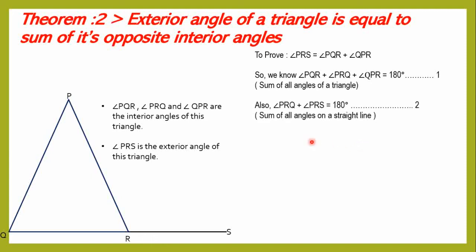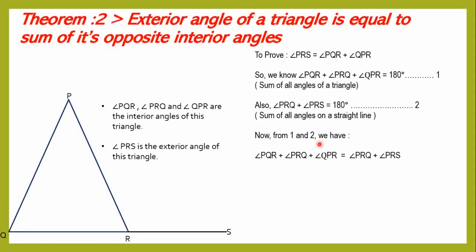Now we also know that angle PRQ plus angle PRS is equal to 180 degrees, because the sum of all angles on a straight line is equal to 180 degrees. We take this as equation number 2.